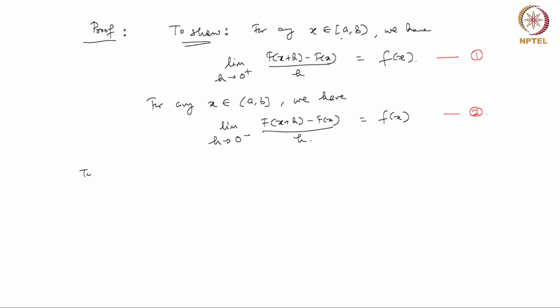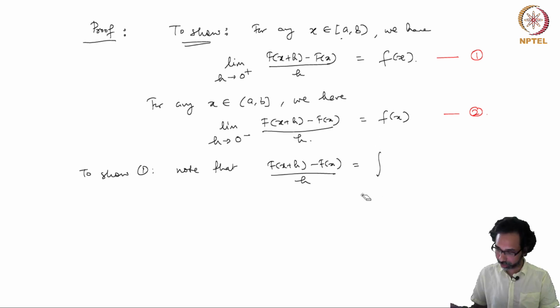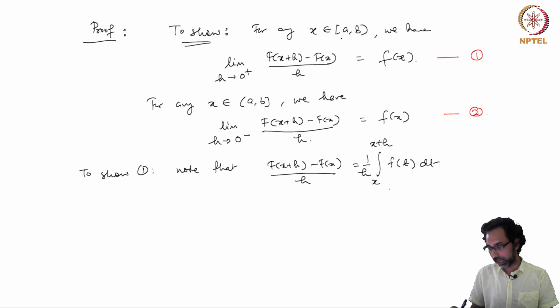So to show 1, we note that (F(x+h) - F(x))/h is equal to the integral from x to x+h of f(t) dt over h.